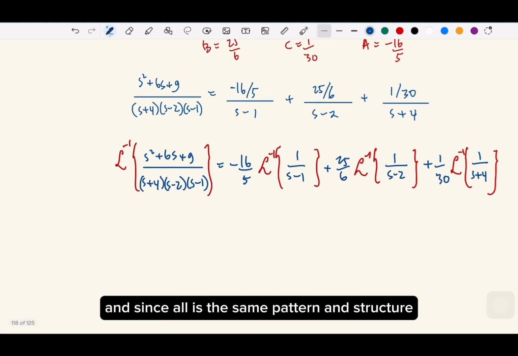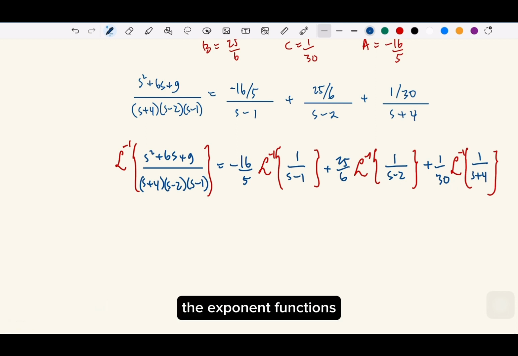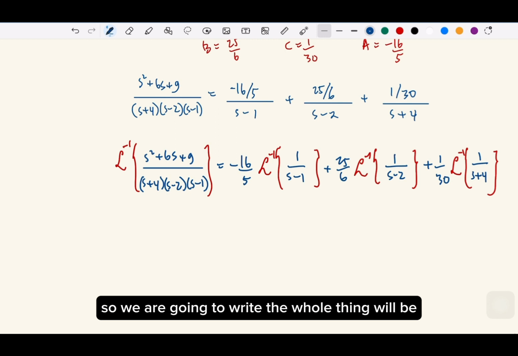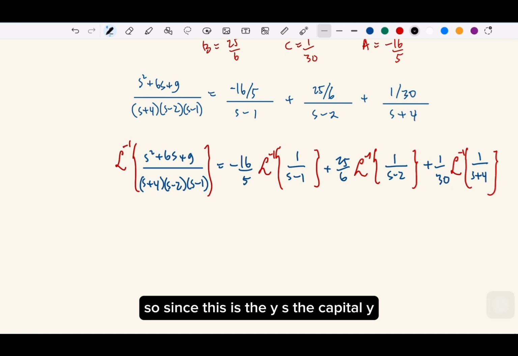And since all of them have the same pattern and structure, we know that these will be exponential functions. So since this is the capital Y of s, if we take the Laplace inverse, we have our solution.